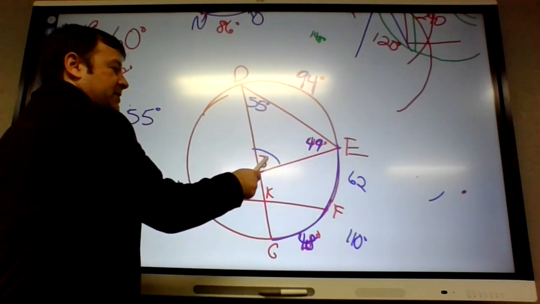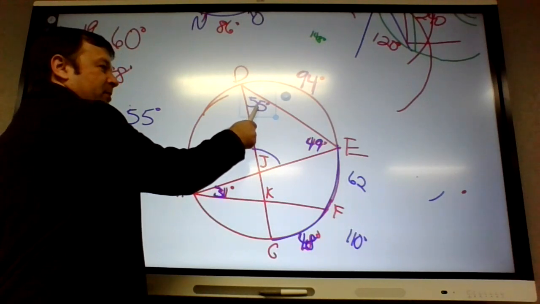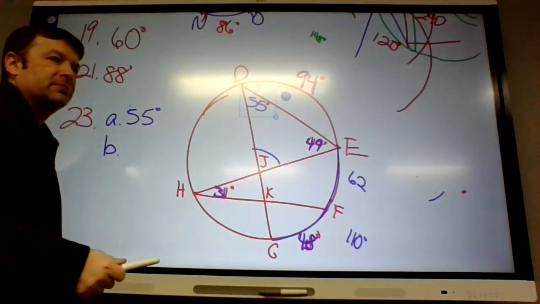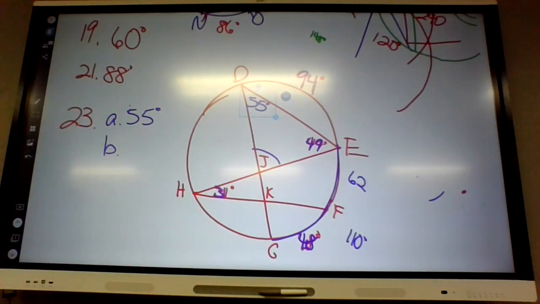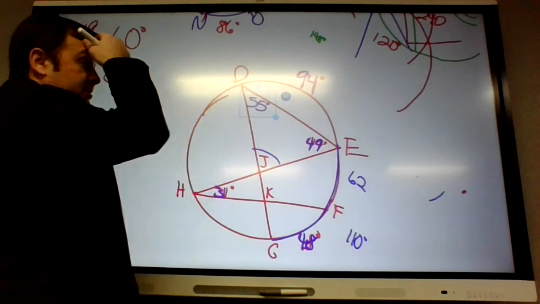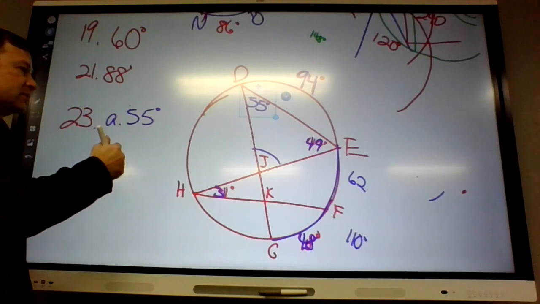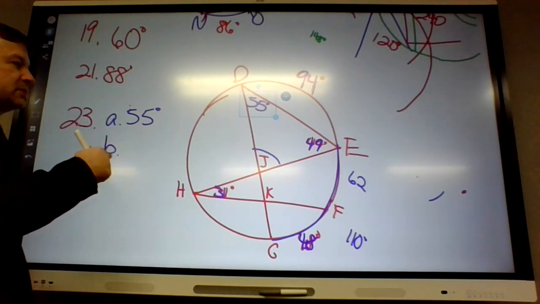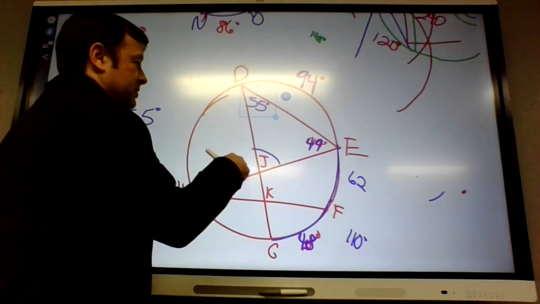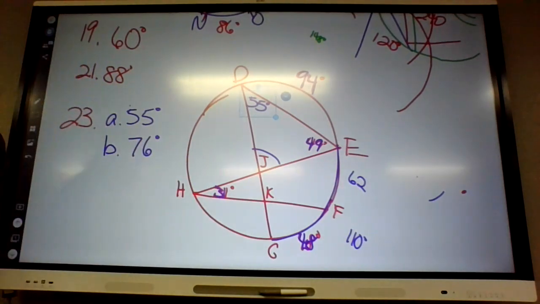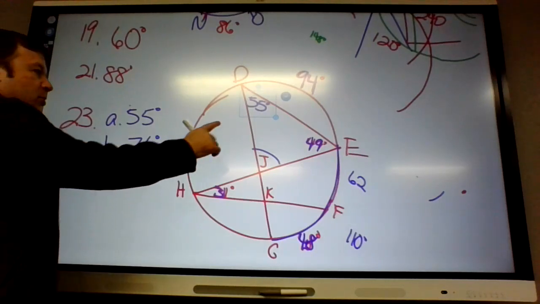We just put that one in there from before. The three angles in a triangle have to add up to 180. So 180 minus those two is 104, no, 76. I just did 180 minus those two.